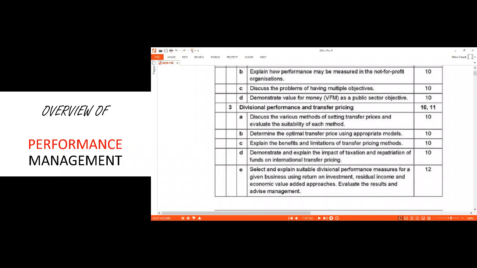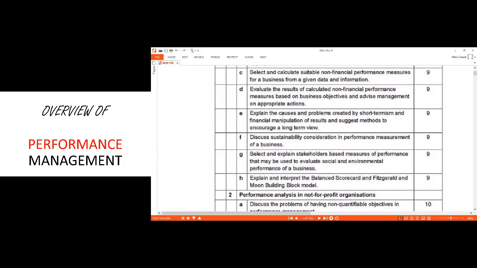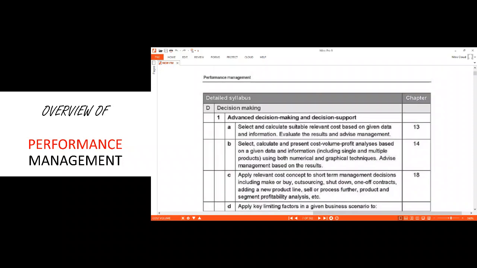Then we will move on to the D part, the decision making. Don't forget, decision making carries 30% of the syllabus. So we are going to be discussing advanced decision making and decision support. And these are the following: selection and calculation of suitable relevant costs based on given data that we are going to use hypothetically and other information.